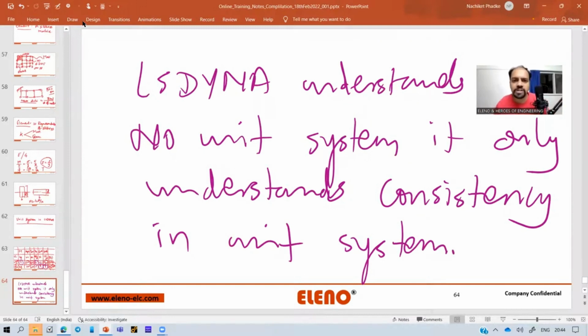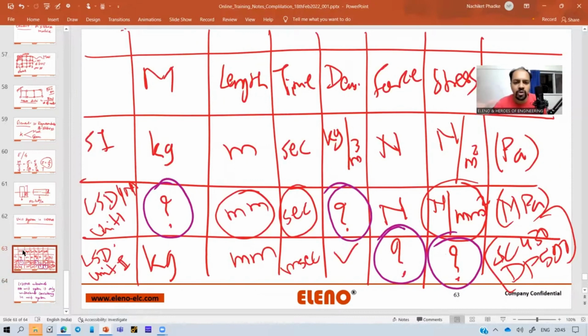So there is no unit system specified by LS-DYNA. You can tailor make your own unit system, but you have to be consistent.